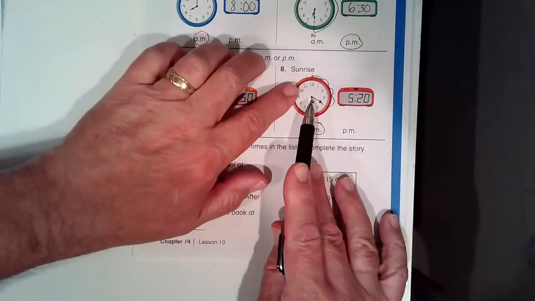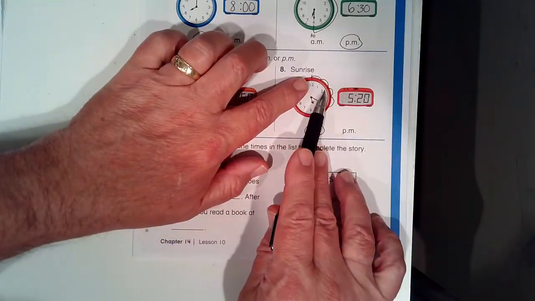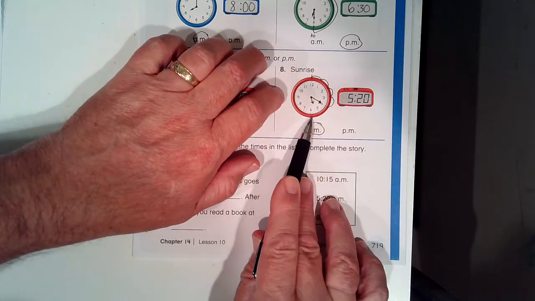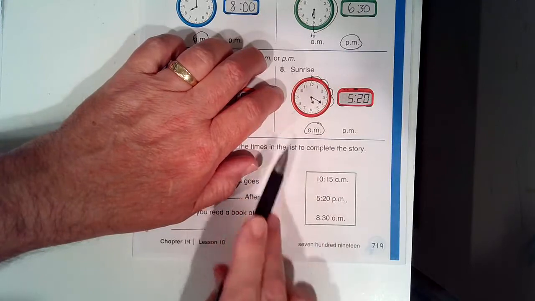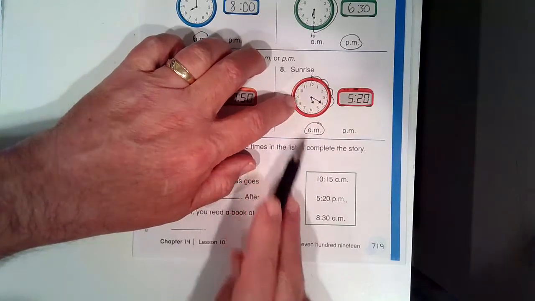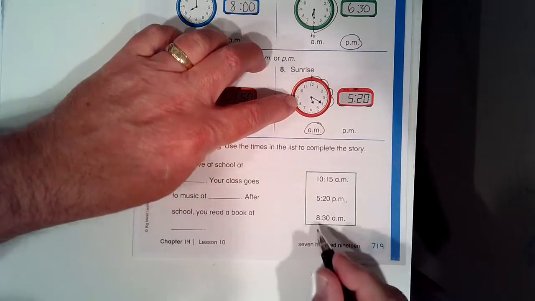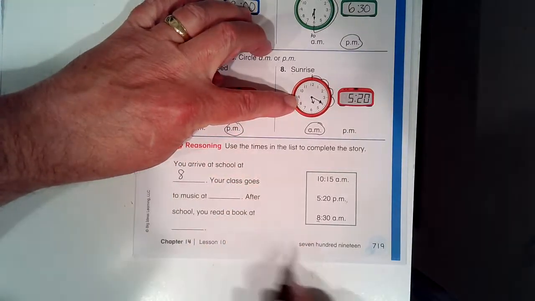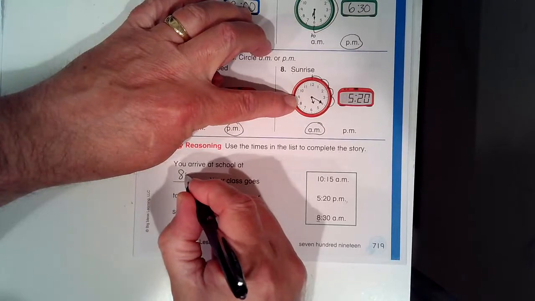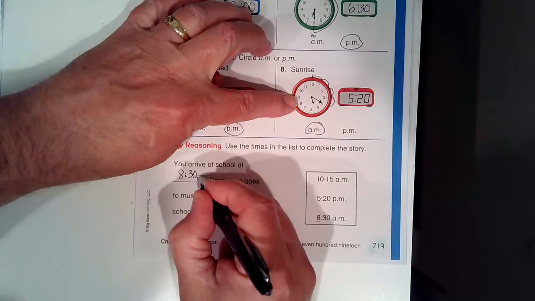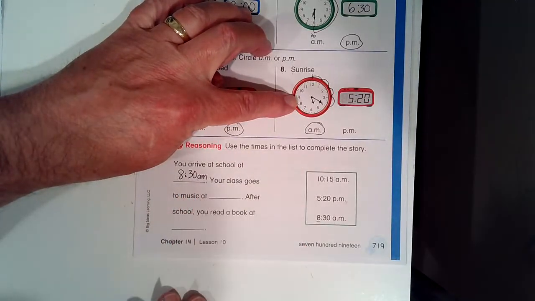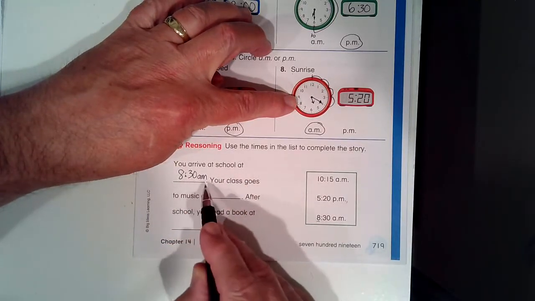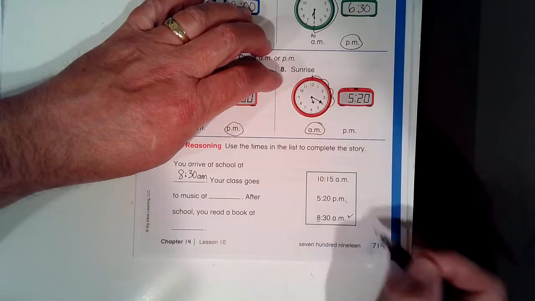So if I look at the clock and I say 1 a.m., 2 a.m., 3 a.m., 4 a.m., 5 a.m., 6 a.m., 7 a.m., 8 a.m., well, this is the first one that came up, 8:30 a.m. You arrive at school at 8:30 a.m. So we've used that one.